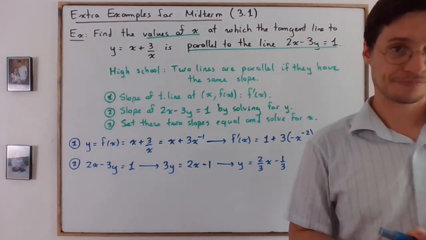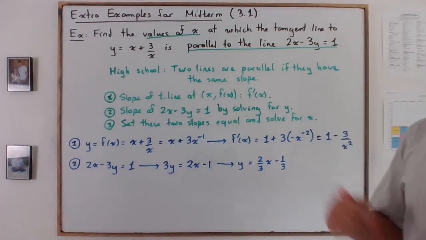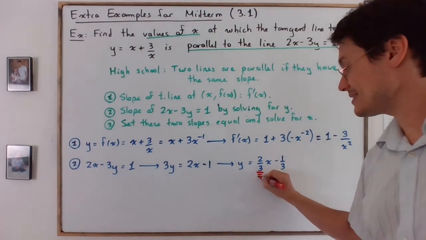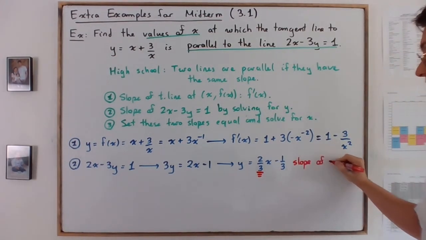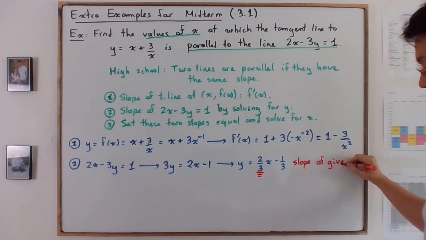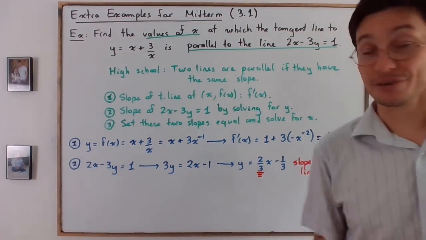So this is the slope of the given line, and it is 2/3.